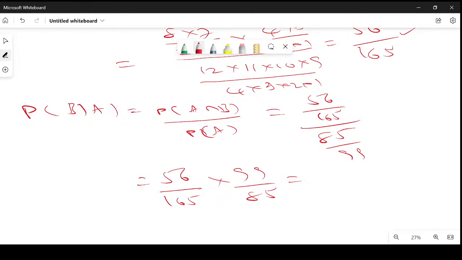Everything is simplified. You simply write the required value here.